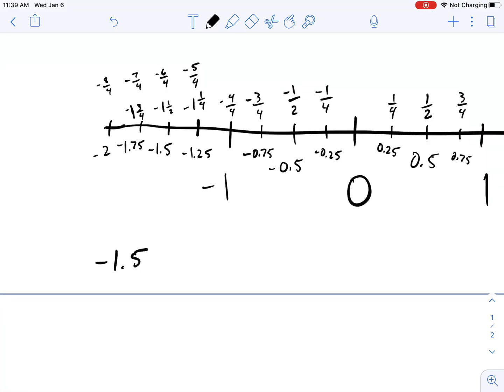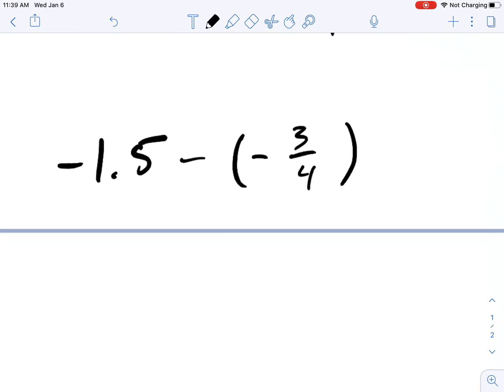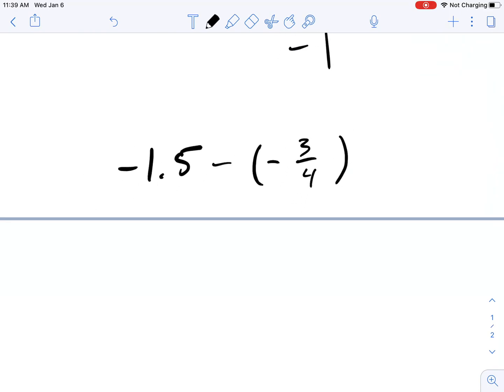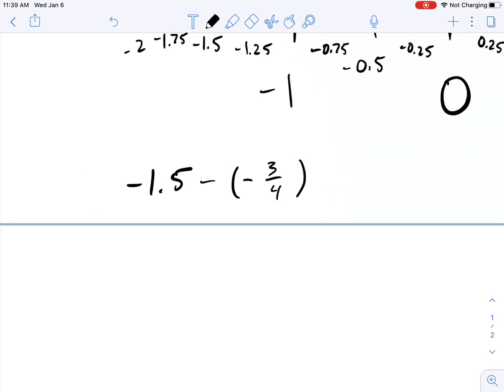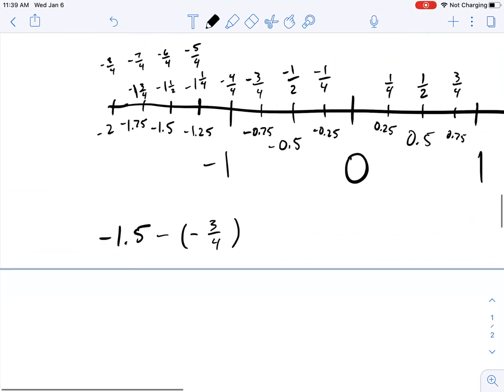So what if we had -1.5 plus, or actually, I'll do -1.5 minus -3/4, okay? Now you might look at this and go, oh my God, I can't do this. First step, take a deep breath, okay? We're going to start at this first number. We're going to start at -1.5 right here.